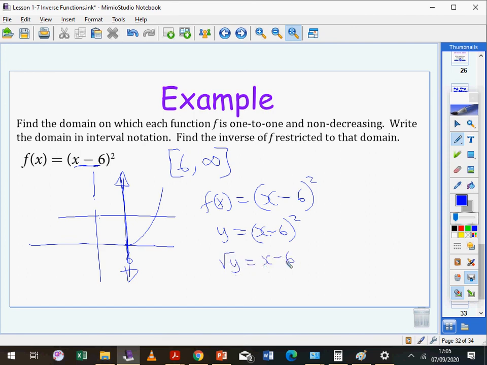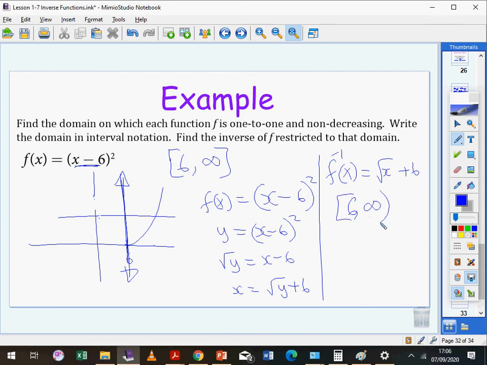And if I want to isolate the x, then x is equal to square root of y plus 6. And I can write it as an inverse function. F inverse of x is simply going to equal square root of x plus 6. This inverse is only valid for that domain of the function.